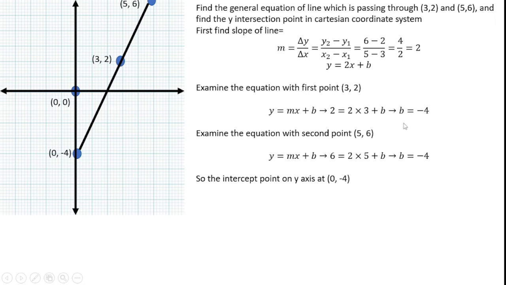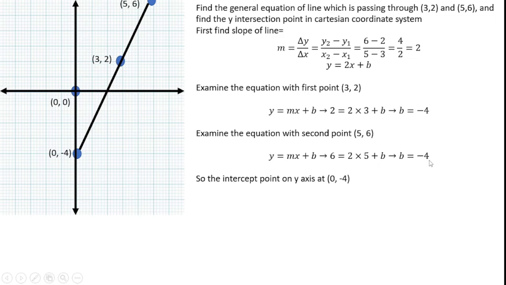And then what about the next point? Why do I use this? I can examine whether minus 4 is correct as the intersection point with the y-axis. So again I substitute y comma 6 into the equation y equal to mx plus b. Here the y value is 6 and the x value is 5. So 6 is equal to 2 into 5 plus b.